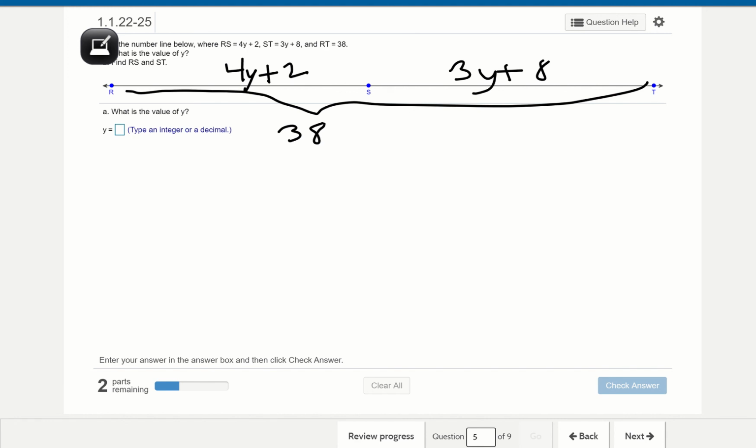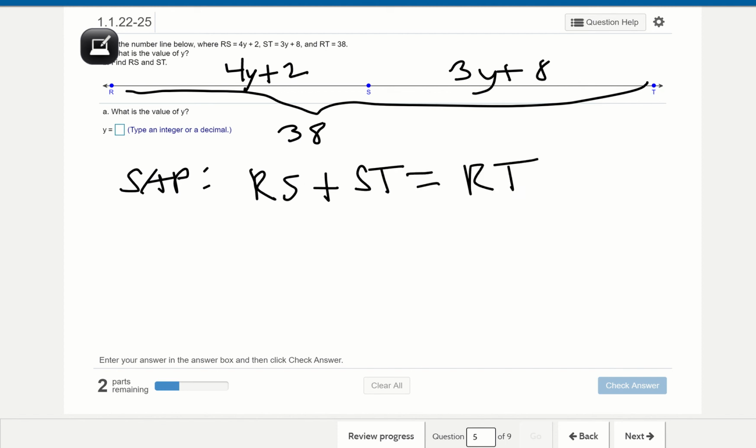From the home to the bus stop, and from the bus stop to the school, should add up to the distance from the home to the school. So if we were to write the SAP statement, the segment addition postulate, that's going to be RS plus ST is equal to RT. Then we'll plug in what we know. So we know RS is 4y plus 2.